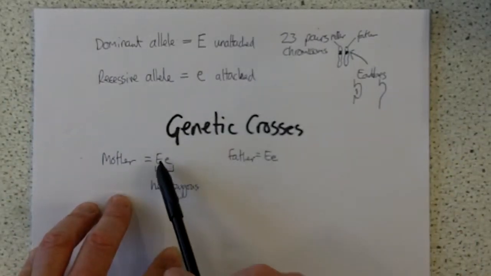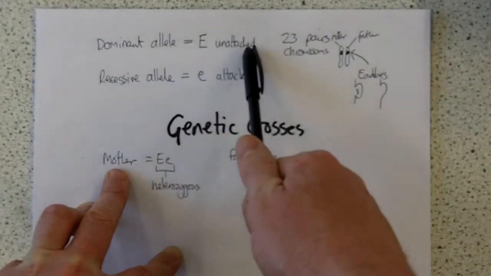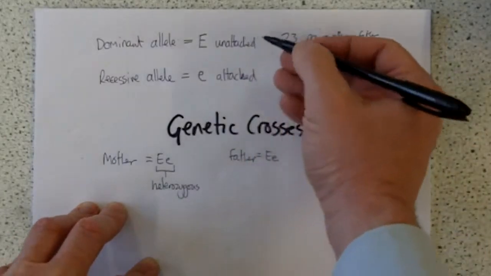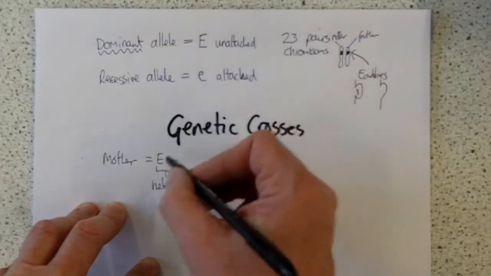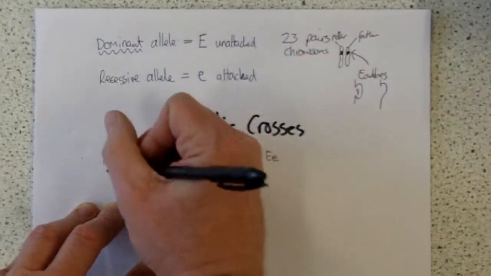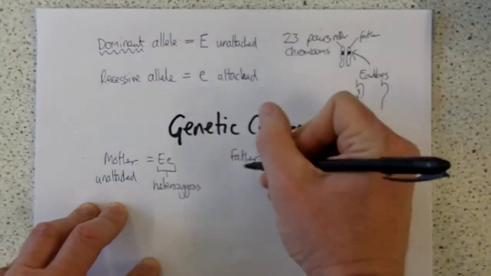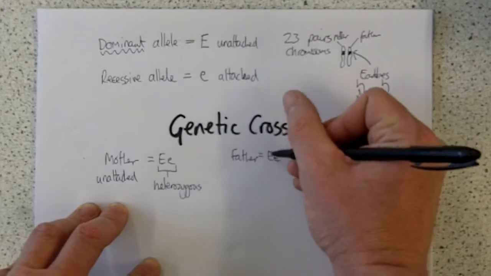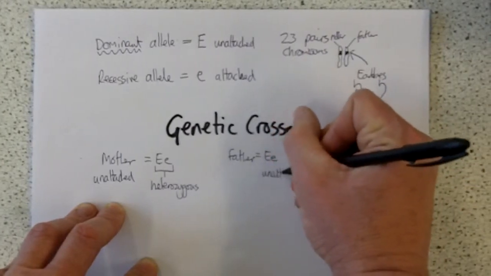So what kind of earlobes does the mother have? Well, she's got one unattached and one attached. Because she's got one of each, it comes down to which one is dominant. The dominant one always wins, so in this case her earlobes are unattached. And the same with father. He's got the unattached and the attached. The unattached is dominant, so he has unattached earlobes as well.